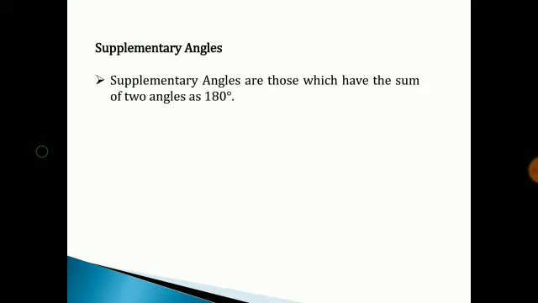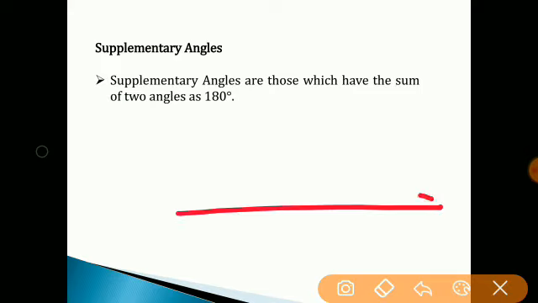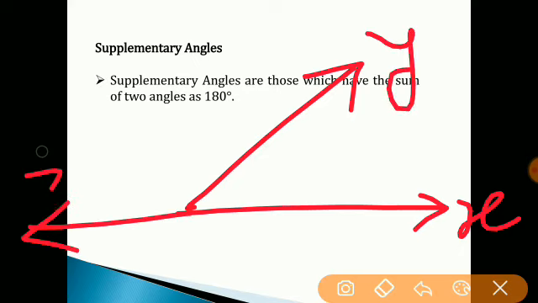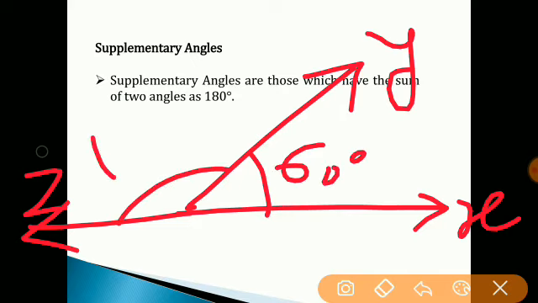Supplementary angles. Supplementary angles are those which have the sum of two angles as 180 degrees. Same like, suppose we have one ray here, X, another one here, Y, and another one here, Z. Suppose this is our 60 degrees, and this one is our 120 degrees. So the sum of 120 and 60 will be 180 degrees.